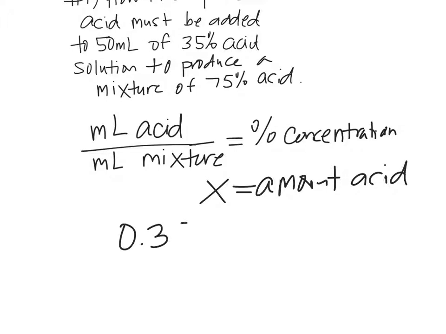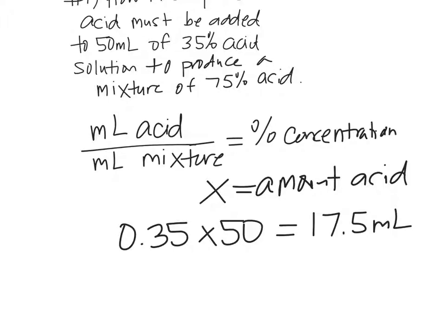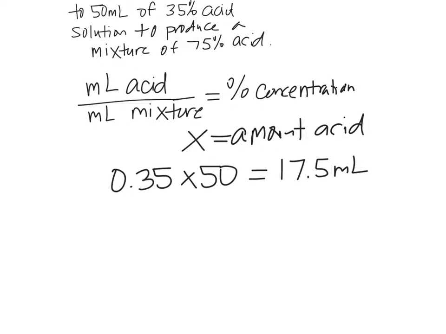You take 35% and multiply it times 50, and you end up getting 17.5 milliliters. So right now we have 17.5 out of 50. That makes our 35%. So we're going to take X amount and add it to 17.5. That's going to give us our acid.